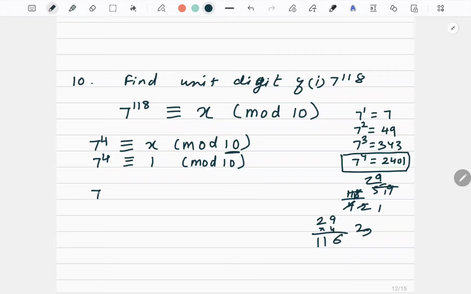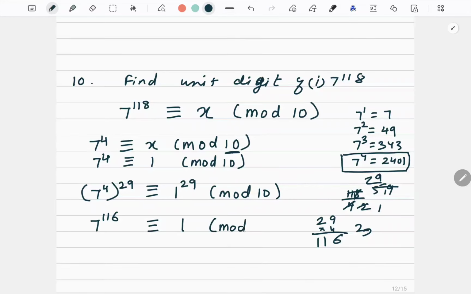So let me do that. 7 to the power 4, all to the power 29, is congruent to 1 to the power 29 mod 10. Correct. So 7 to the power 29 into 4, which is 116, is congruent to 1 mod 10. How far am I from the required thing? I need to go to 118.